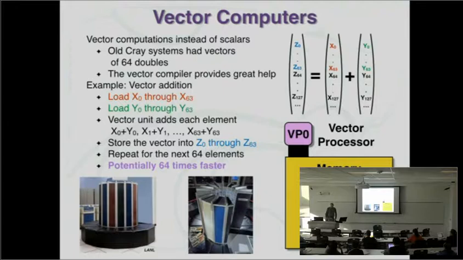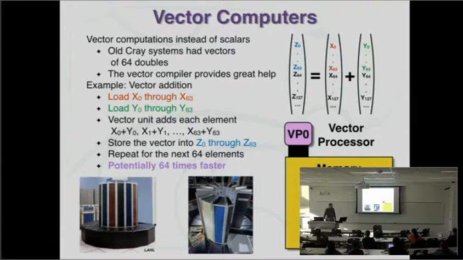Okay, so after scalar computers, Seymour Cray came out with a new technology called vector computing. Vector computers, instead of using silicon chips, used gallium arsenide chips. So a whole new set of technology.